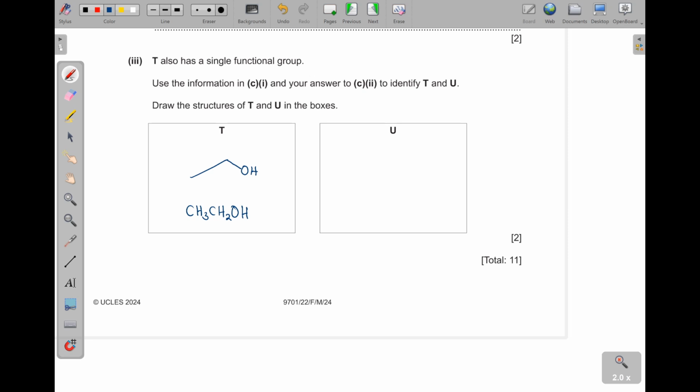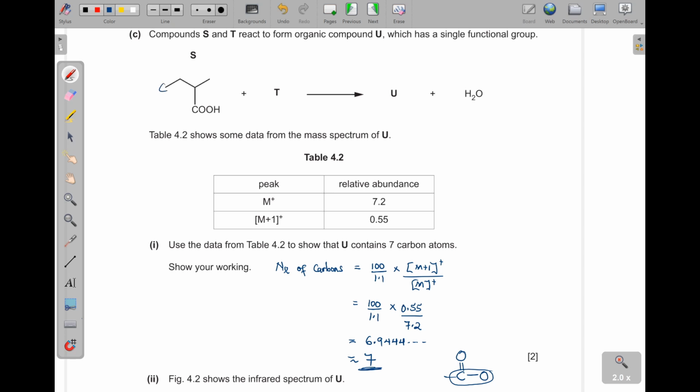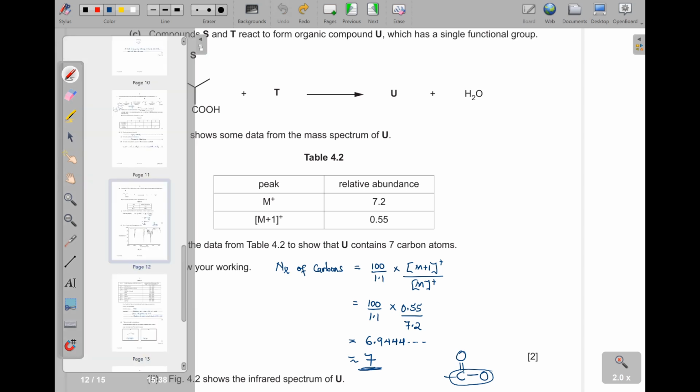So I can just put this, then I show the OH. And then the ester, remember, I said it is going to be CH3, CH2. It has 5 carbon atoms. When you go back and check here, 1, 2, 3, then there is this one down, then there is this. So those are 4.